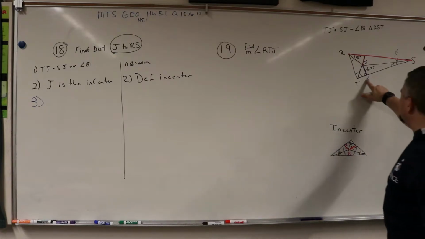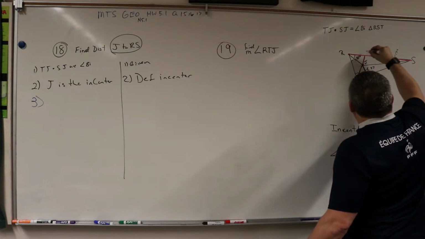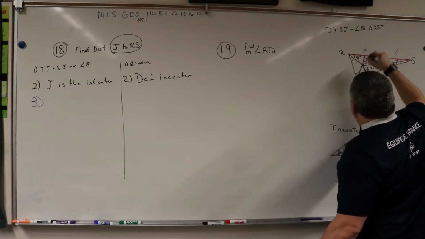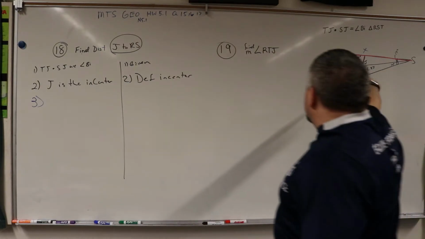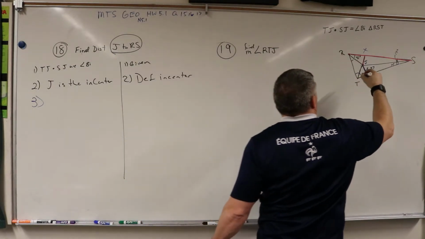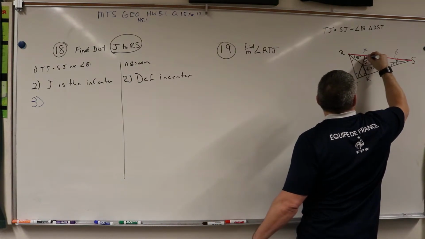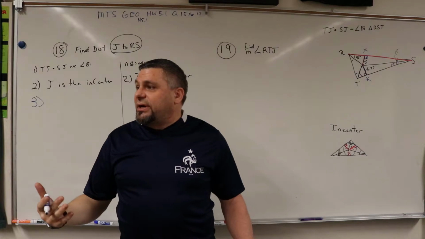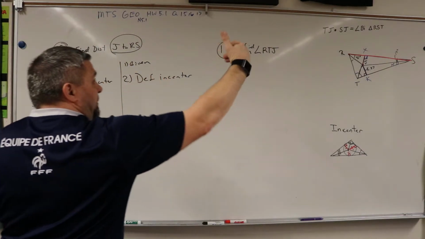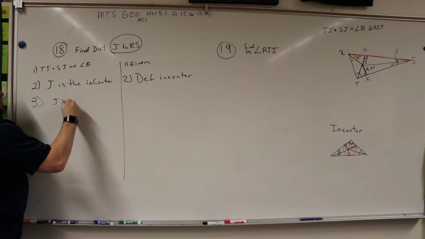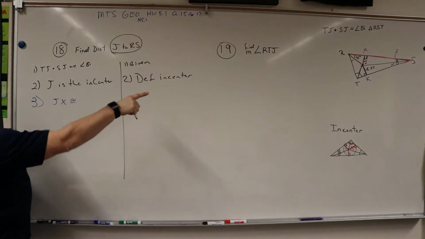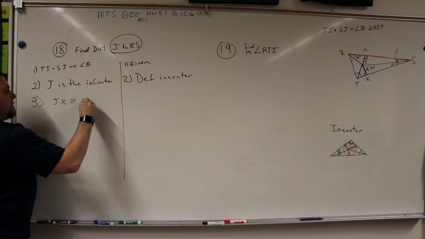Yeah, K. Sorry, this is K. But this one doesn't have a point, so we'll call that X. So this perpendicular, which is the shortest distance to the line, this perpendicular JX, is going to be congruent to JK.